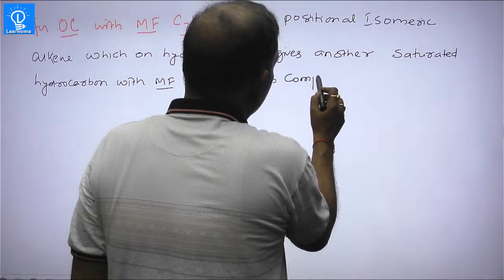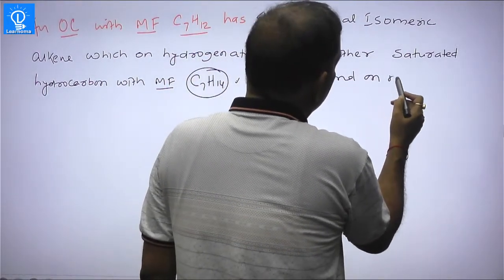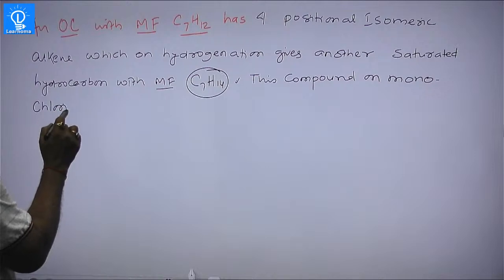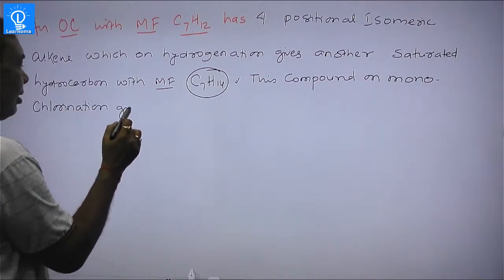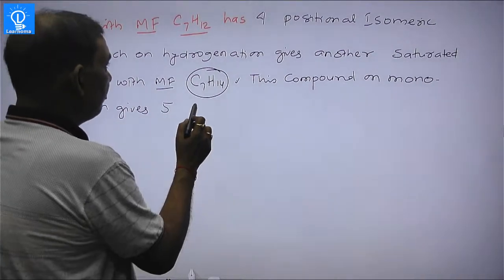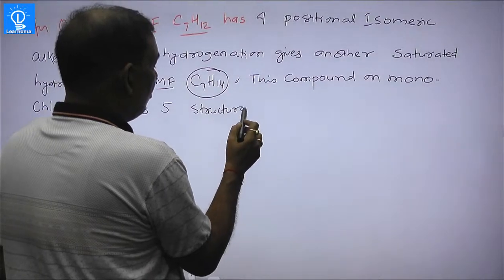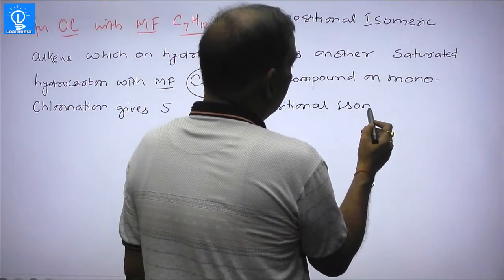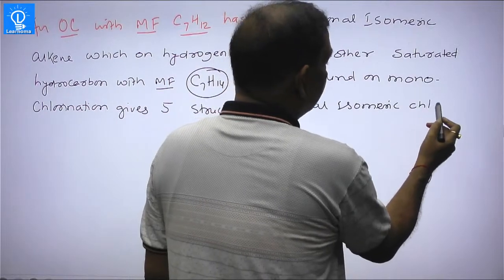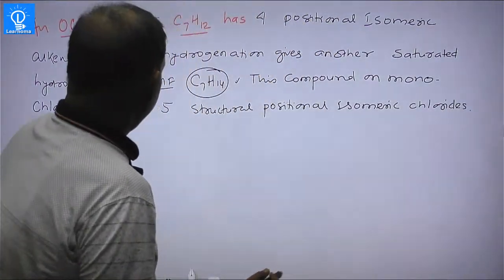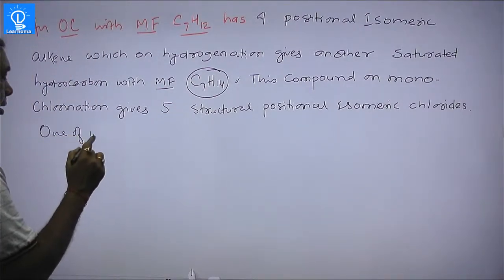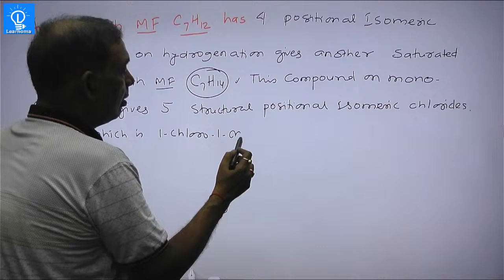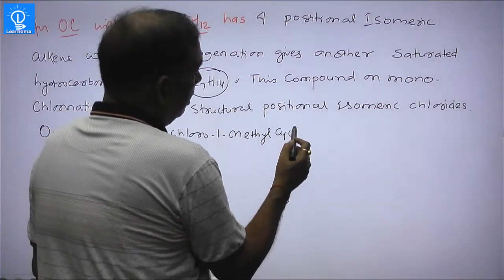This compound on monochlorination gives 5 structural positional isomeric chlorides, one of which is 1-chloro-1-methylcyclohexane. See this.